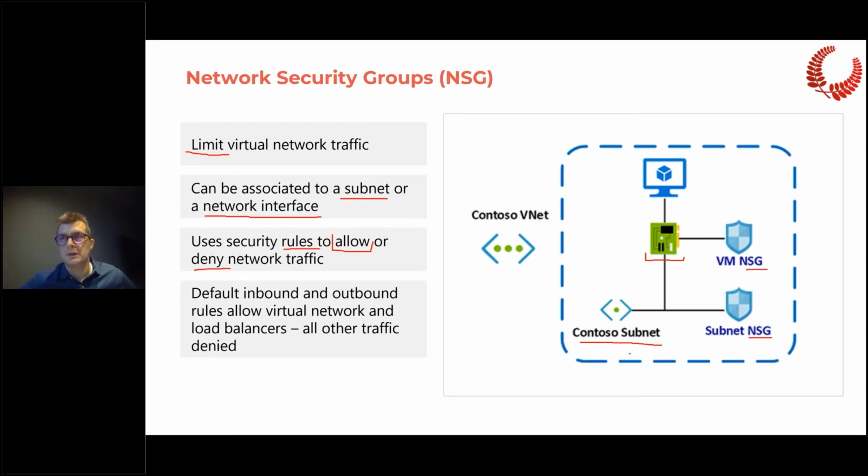Of course, if we don't have a rule, then the traffic will be denied by default. And we have two types of rules, inbound and outbound rules, that also have some default settings as well.